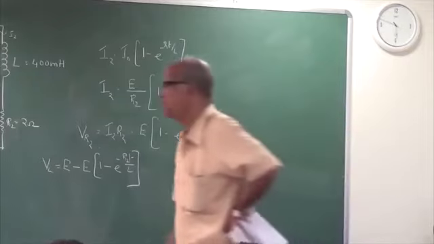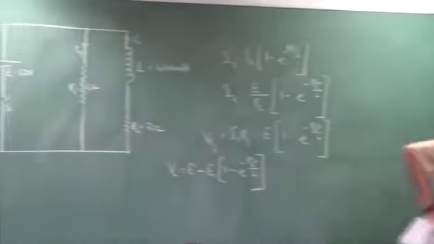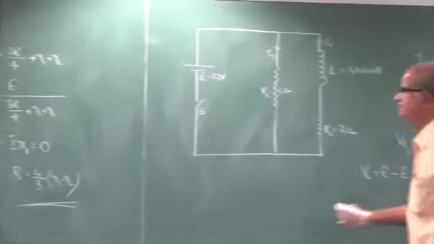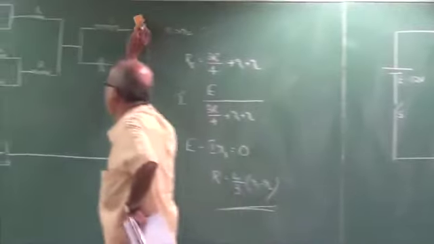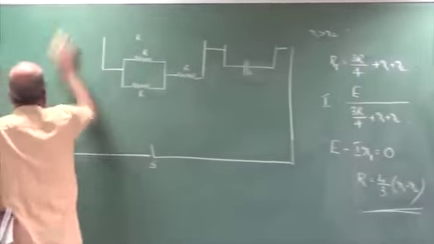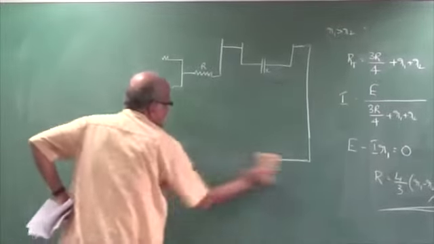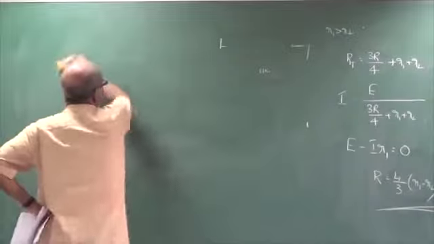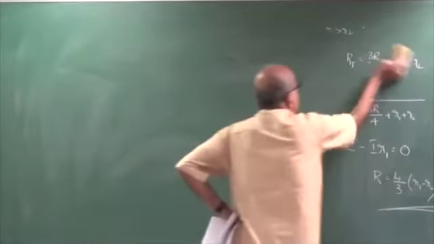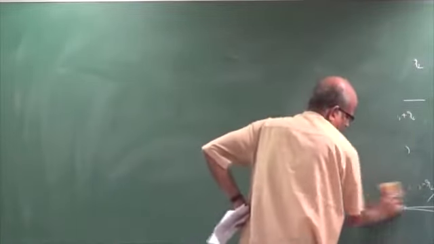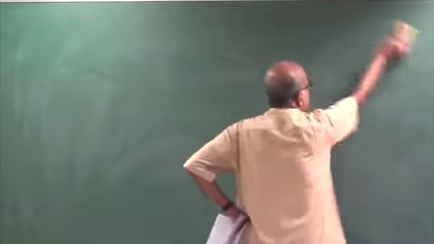This phenomenon is what we call mutual induction, and the property of the pair of coils is what we call mutual inductance. Of course, it depends upon the number of turns involved, the geometry, and the permeability of the medium over which these two coils are wound.